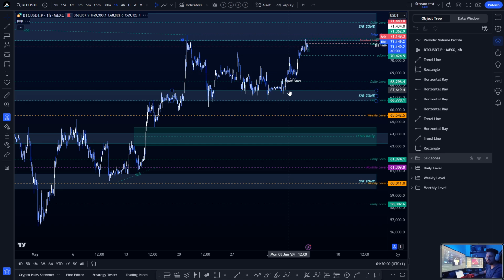For example, there is only one naked point of control down there, which is very funny enough practically on top of a daily level. So for example, even though there is liquidity here, depending on how we get to this level, there might be a possible reaction there for a scalp.